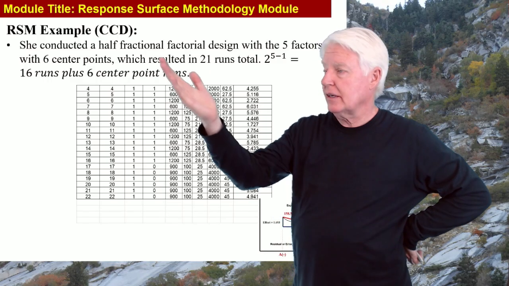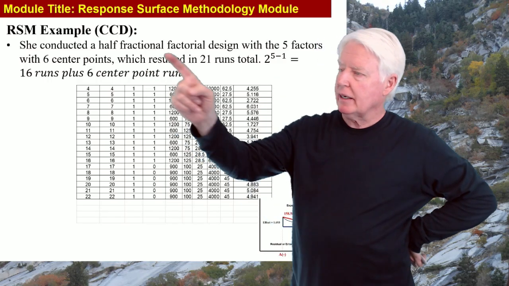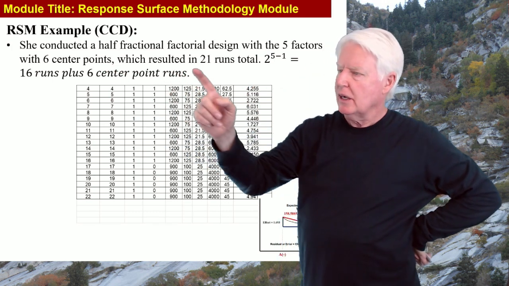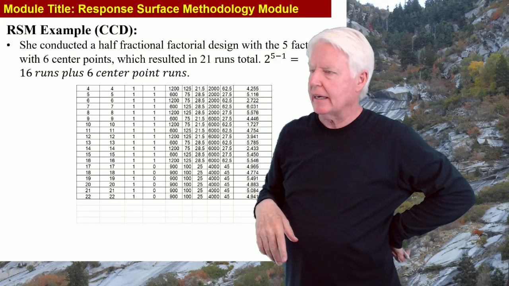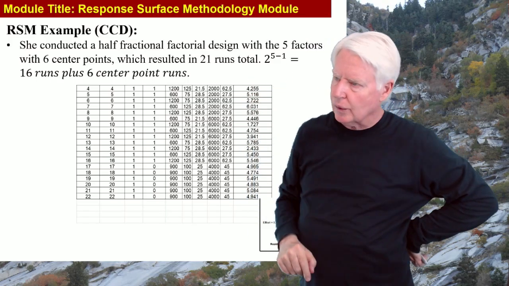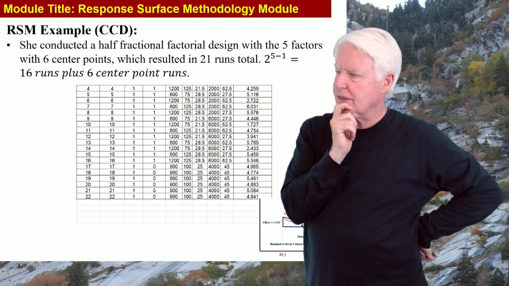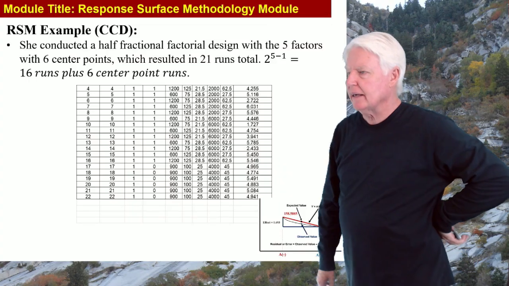You could even use a screening design, perhaps, if you wanted to run even fewer runs. But she conducted a half-fractional factorial design with 5 factors and 6 center points, which resulted in 21 runs, totaling 2 to the 5 minus 1. That means it's fractional factorial, and that means you have 16 runs plus 6 center point runs. And so here's the design if you want to look at it.